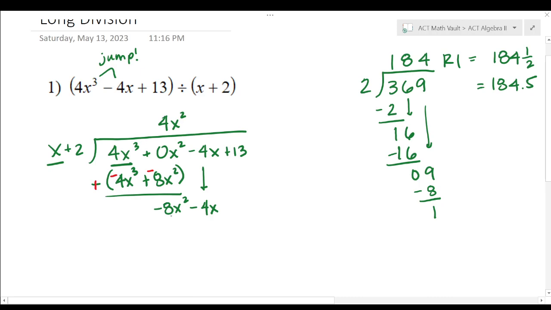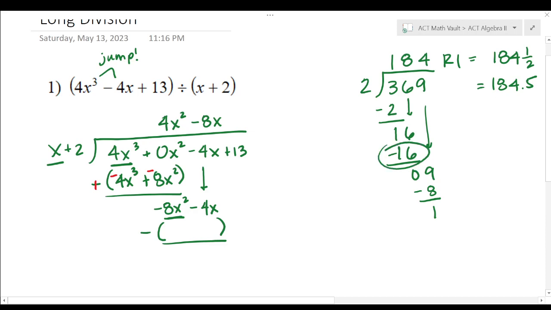How many times now? Remember, first term into first term. How many times does x go into negative 8x squared? That would be negative 8x, because x times negative 8x is negative 8x squared. Remember, next is subtraction.